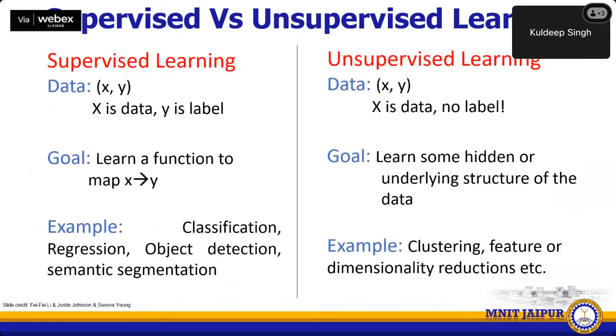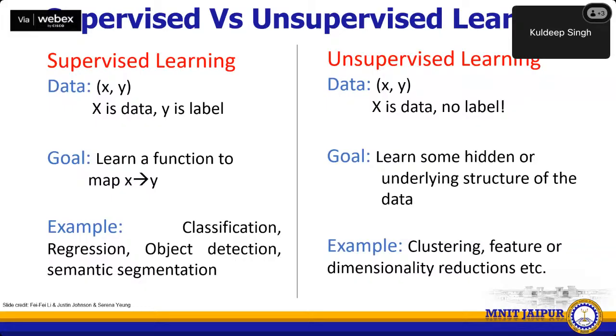Now, why are we more focused on unsupervised machine learning? Before that, just a summary of supervised and unsupervised learning. In supervised learning, we have labels, and the goal is to learn a function for mapping between the input data X and the label.